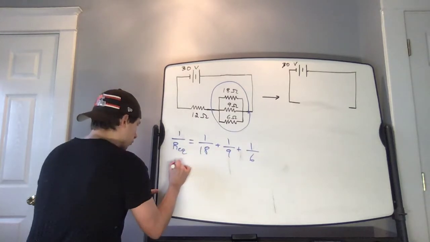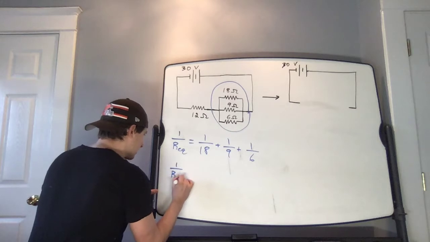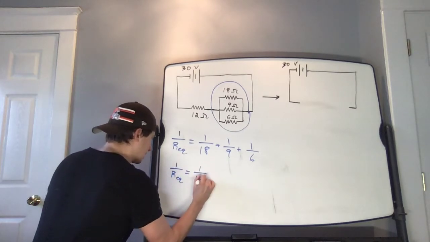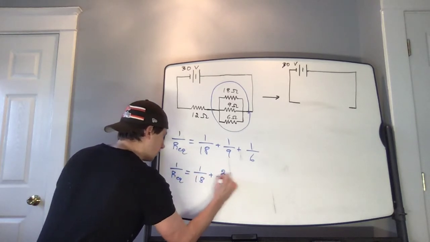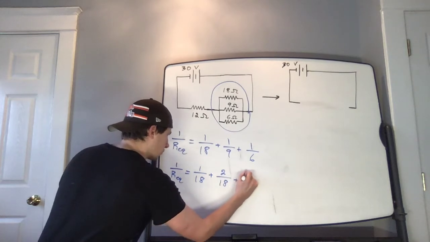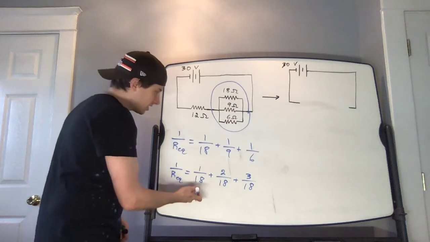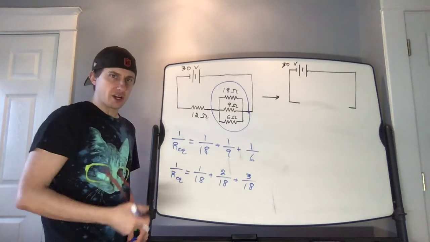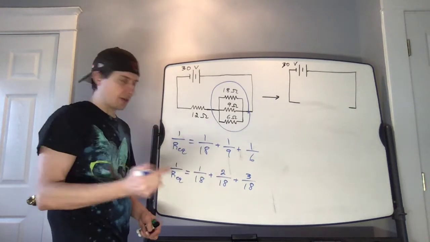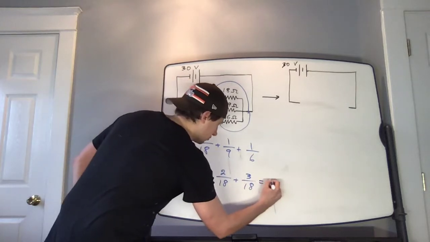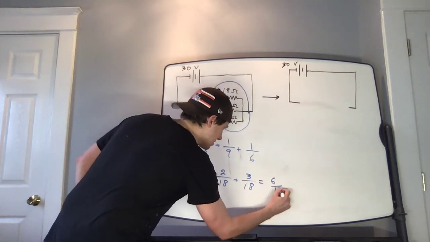So I could write 1 over R equivalent is equal to 1 over 18 plus 2 over 18 plus 3 over 18. Because I have the same denominator in every term on the right, I could just add the numerators together, and this will be equal to 6 over 18.